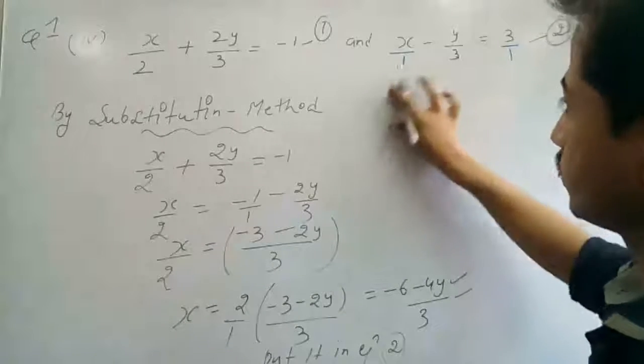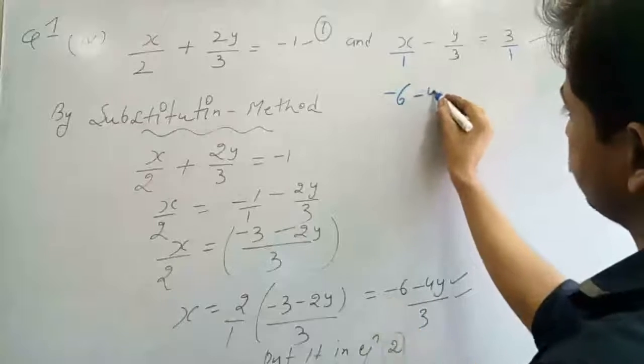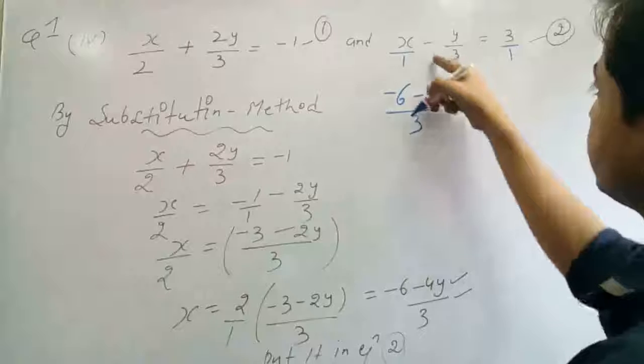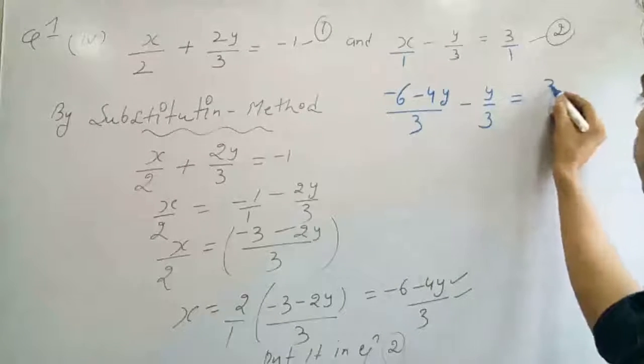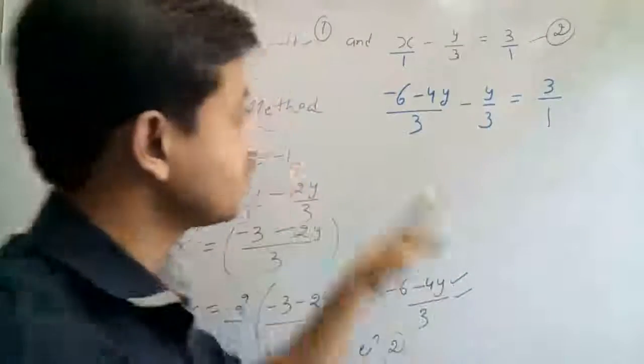The value of x is what? Minus 6 minus 4y divided by 3, and this is minus y by 3 is equal to 3 by 1. Now we have to solve this, so please take a look.